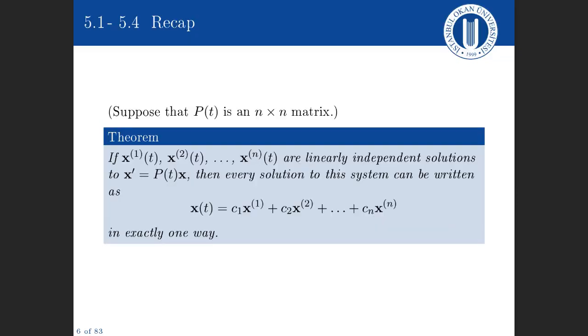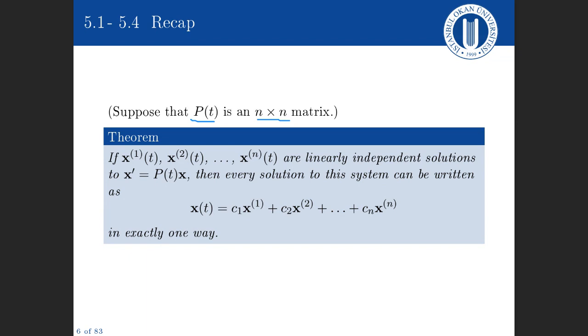We can go further. We can say if x1, x2 up to xn are linearly independent solutions to this linear system, and here P is going to be an n by n matrix, so the same number, n solutions, n by n matrix, then the theorem says every solution to the system can be written as a linear combination of these functions.